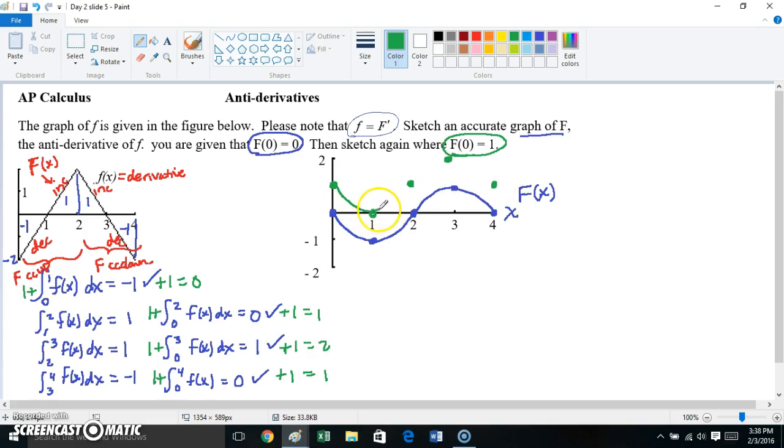The shape of the curve will remain the same, where we have increasing and decreasing intervals, concave up and concave down intervals. Okay, so two different initial conditions, two different graphs, but they have the same shape and they are just vertical shifts of each other.